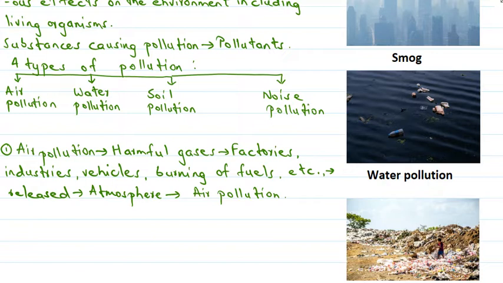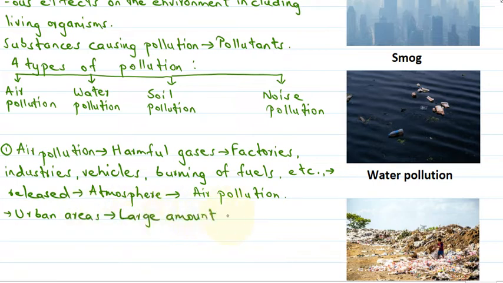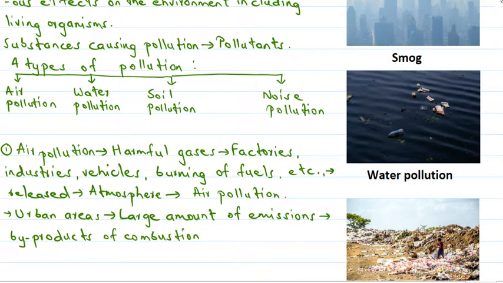In urban areas, a large amount of emissions are produced that are byproducts of combustion, and the combustion could be of oil, coal, and fuel contaminants such as mercury.